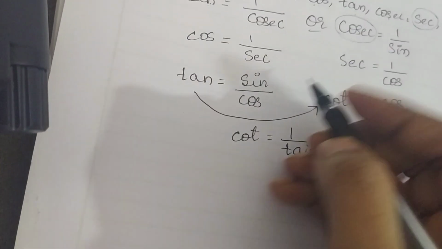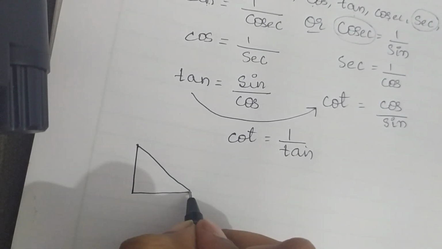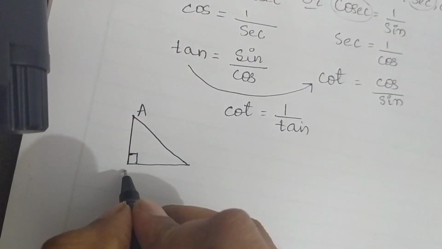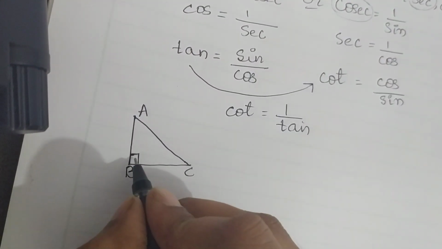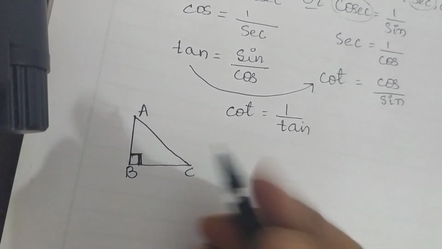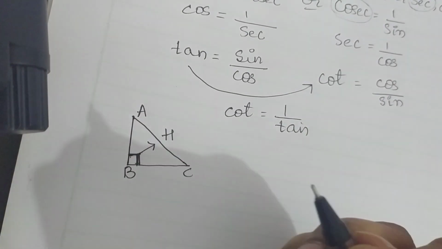Next comes how to consider a right angle triangle. I am drawing a right angle triangle ABC. At B there is 90 degrees. Opposite of this will be the hypotenuse.